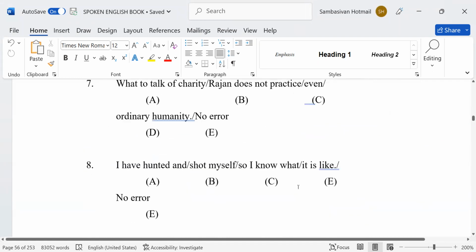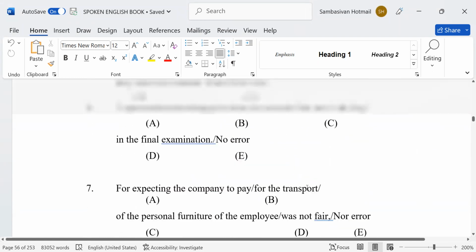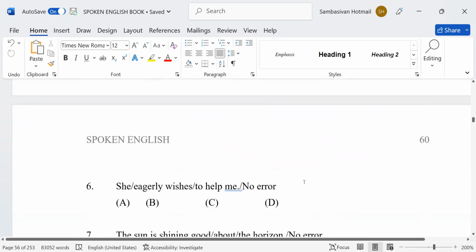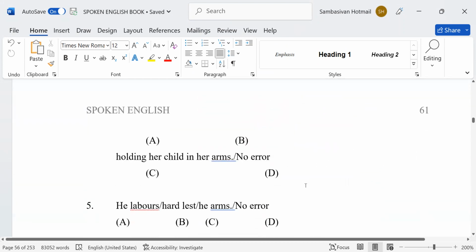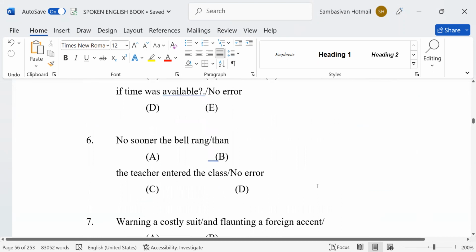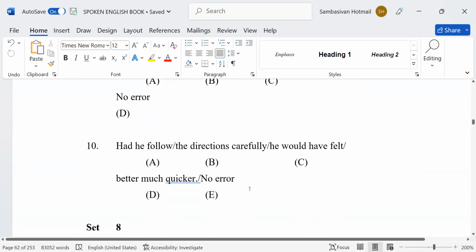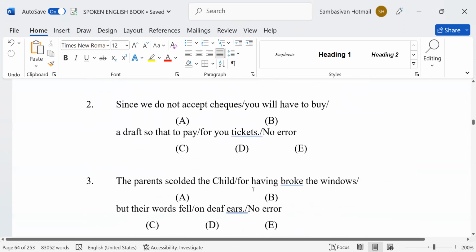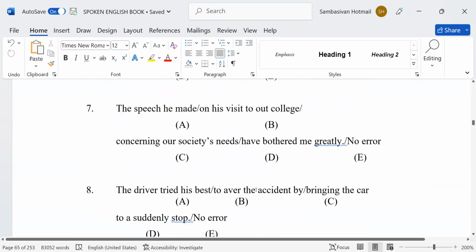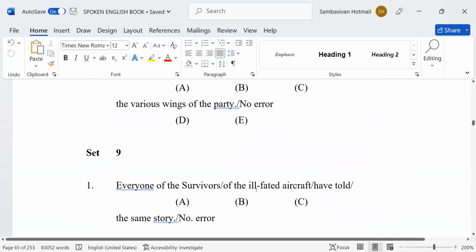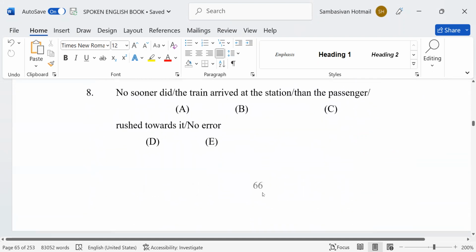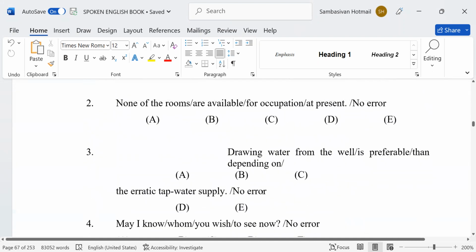I suggest you work it out at home, and if there is any doubt, you ask me so that I can check and tell you the correct answer if there is an error. I suggest you take up at least exercises 1 and 2, work out those 20 questions, then check with the answers given here.